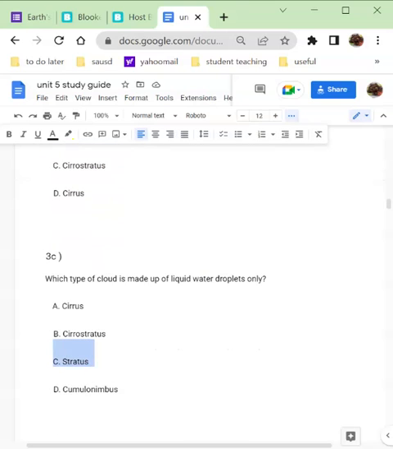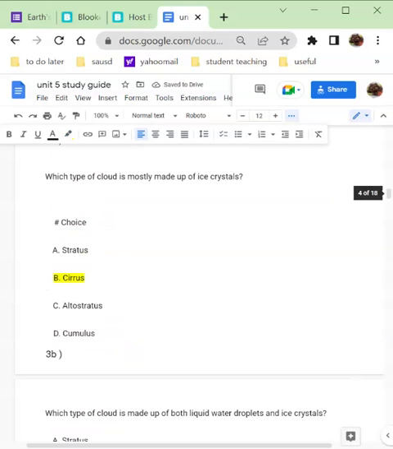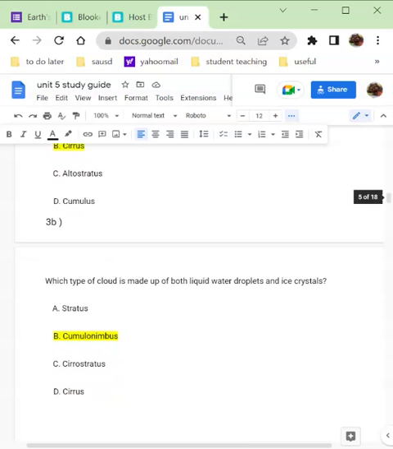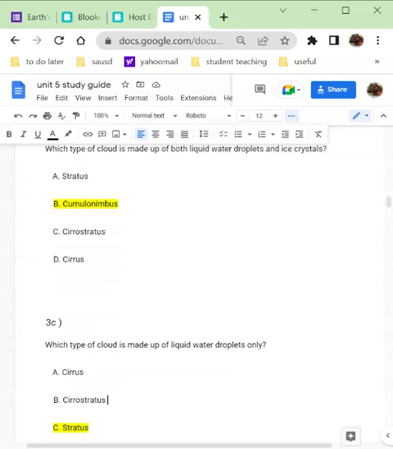And then stratus is the one with just water. So cirrus, only ice. Cumulonimbus, both ice and water. And the stratus is just water.